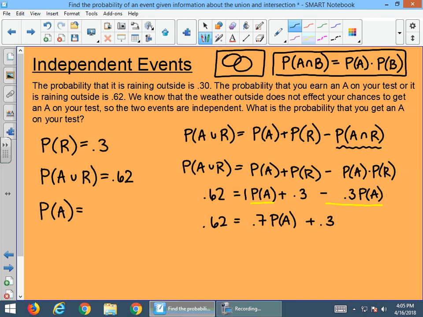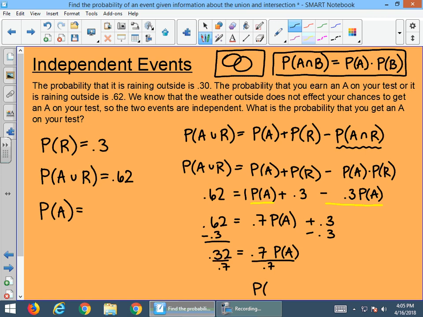So I'm going to subtract 0.3 on both sides now. That's going to give me 0.32 is equal to 0.7 probability of A. And since that is 0.7 times the probability of A, I'm going to have to divide both sides by 0.7.